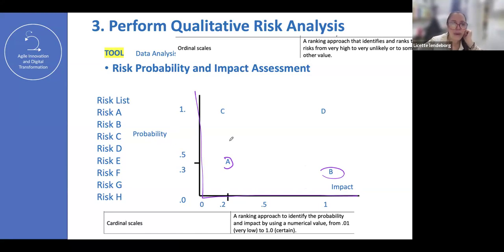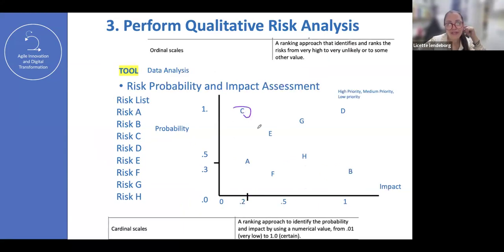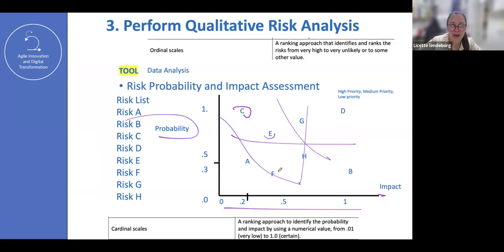You organize one by one based on the input from your team and experts. You are going to organize the risks like this, in this quadrant: the impact from 0 to 1 on one axis, and the probability from 0 to 1 on the other. In this way, now you can classify the risks.